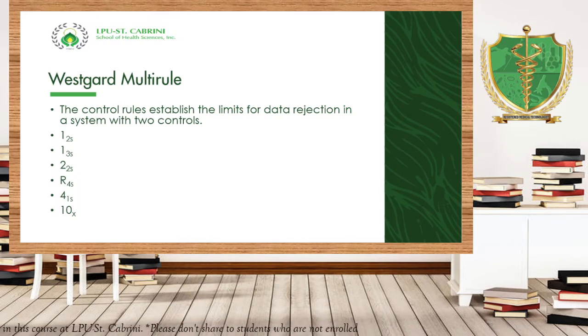Okay? So for the Westgard rules, we have the control rules established to limit the data rejection in a system with 2 controls. Okay? We have here the 1 2S, 1 3S, 2 2S, R 4S, 4 1S, and X 10.